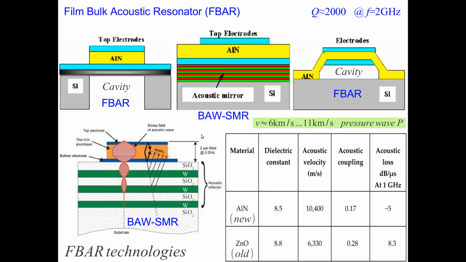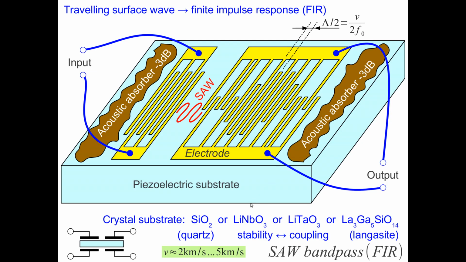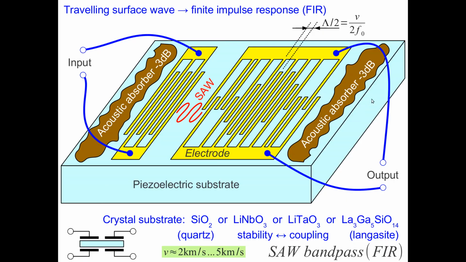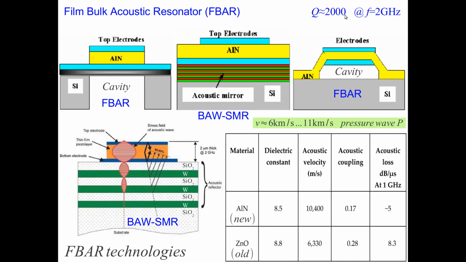It seems that bulk acoustic wave resonators are cheaper, or they can be made better above 2 GHz, and below 2 GHz surface acoustic wave filters prevail, below 1 GHz. But this is a technological issue of what is being built inside our mobile phones. These filters do not have a particularly high Q. The unloaded Q is around 2000, so maybe we can use a loaded Q of 200, and still we have quite an amount of transmitter power dissipated in this filter structure.